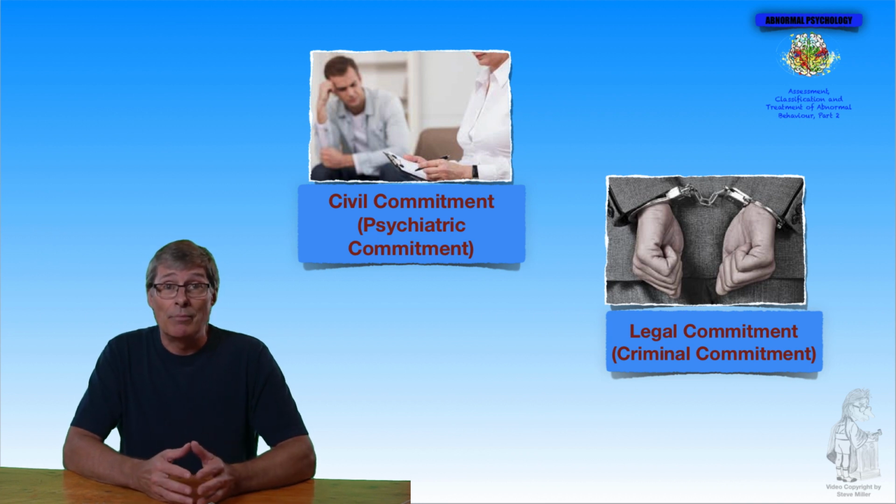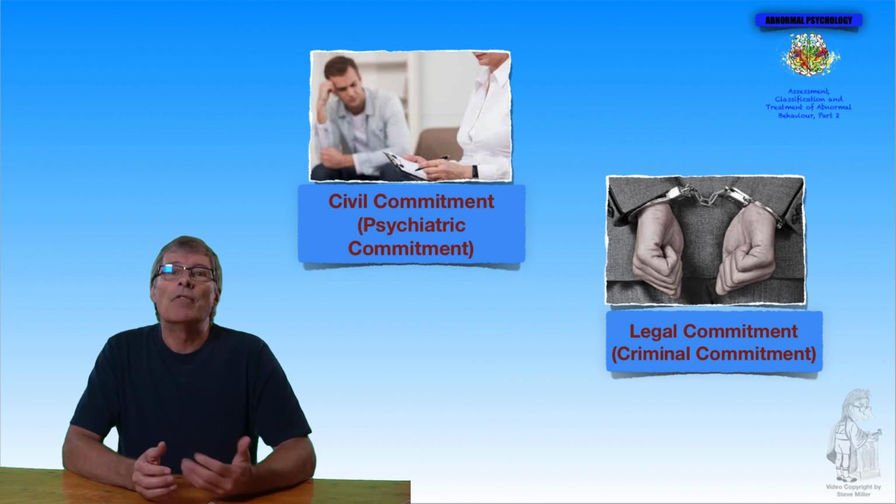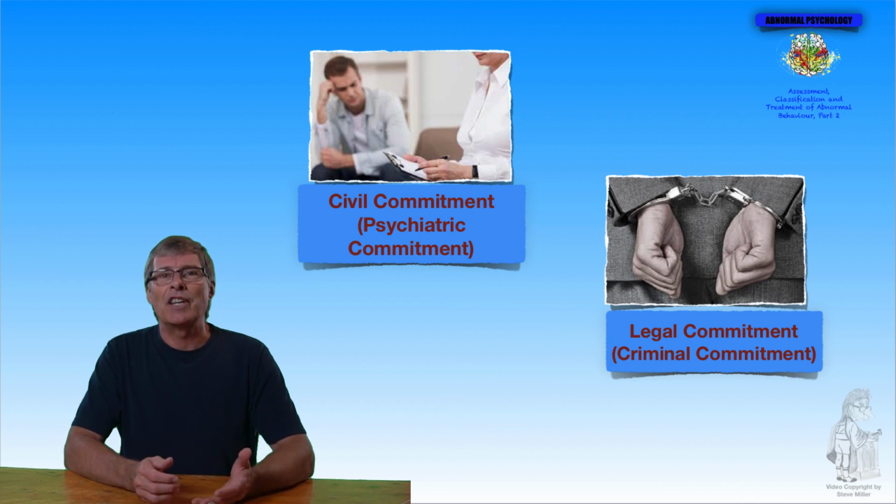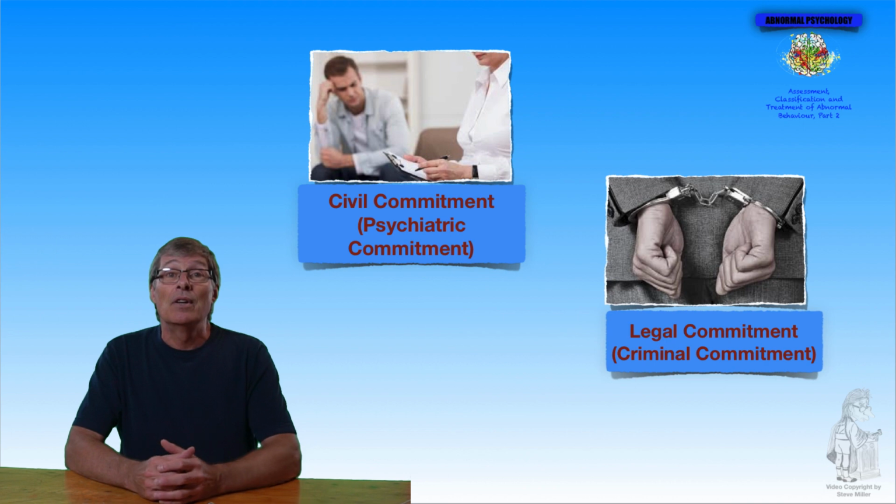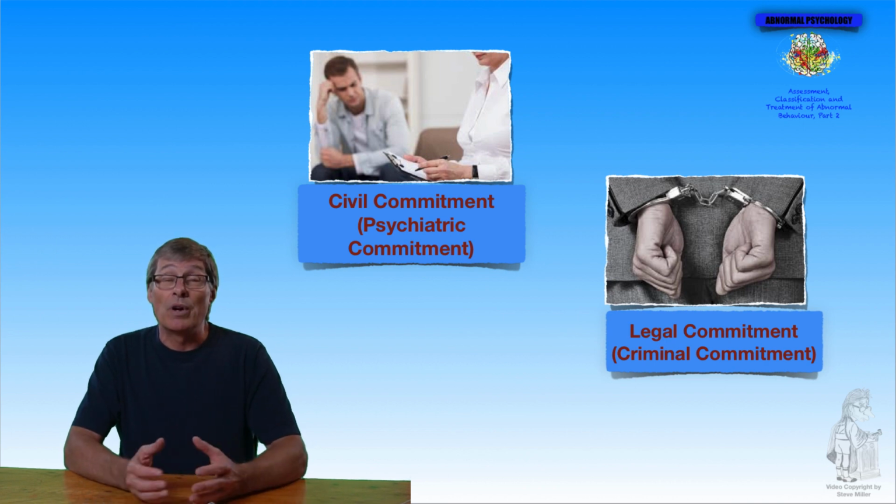Legal or criminal commitment, by comparison, involves the placement of a person in a psychiatric institution for treatment who has been acquitted of a crime by reason of insanity. The person is entitled to due process. There needs to be deemed an imminent risk to self and others, and limited time, 72 hours, pending more information.